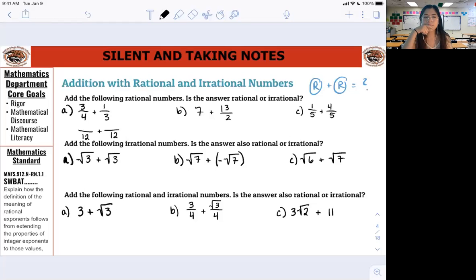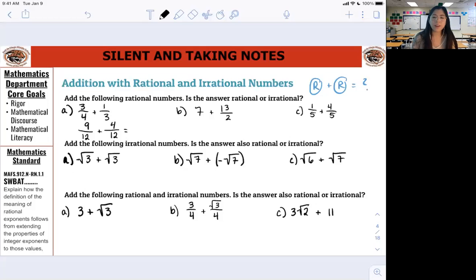Well, we're multiplying 3/4 by 3, and we're multiplying 1/3 by 4. So 1 times 4 equals 4, and 1/3 becomes 4/12. And then 3/4 would be what over 12? 9/12.